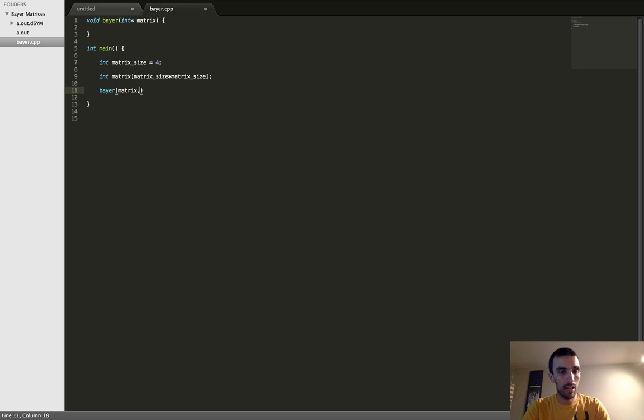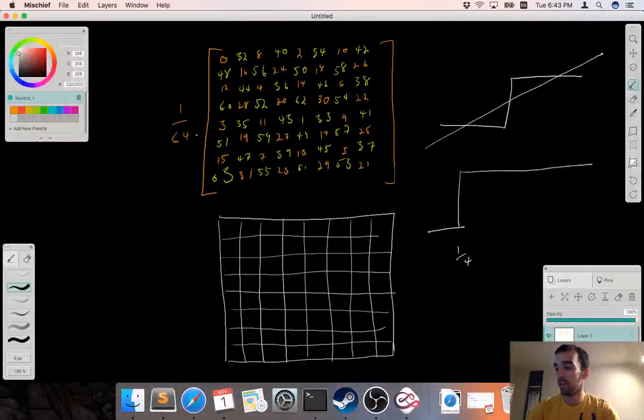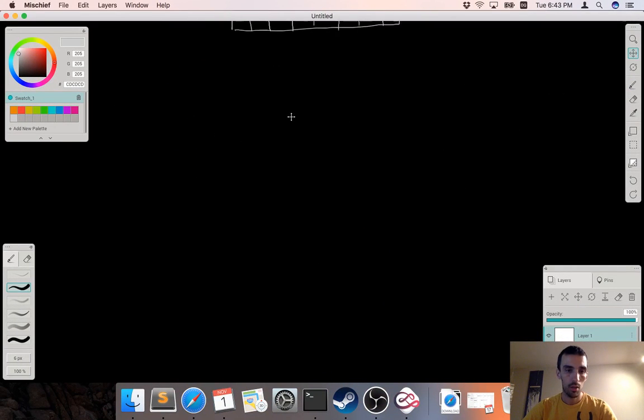We'll pass that into the function, and then I guess we need to know the matrix size. So each level of the algorithm is going to recurse. Let me draw a picture of how I'm planning for this algorithm to recurse here.